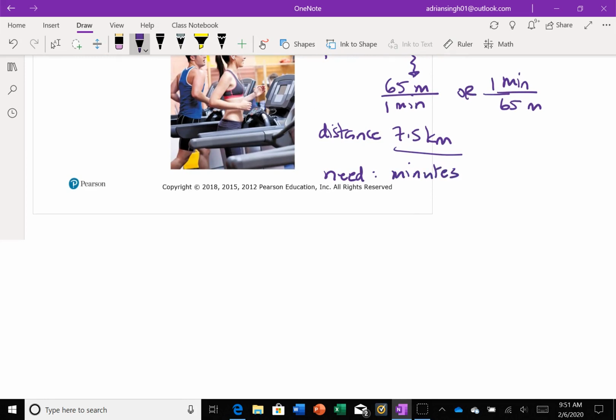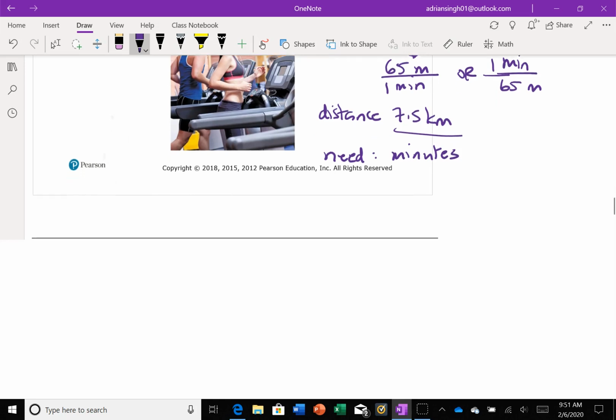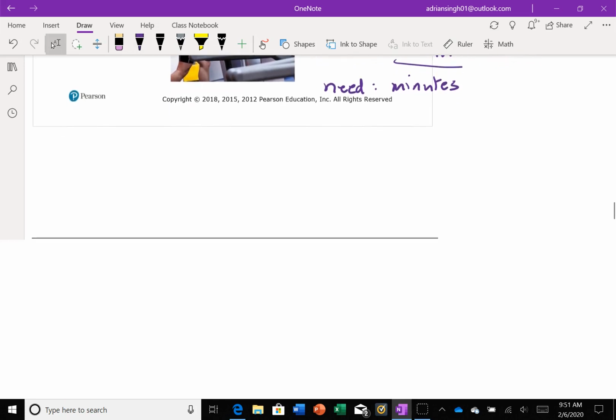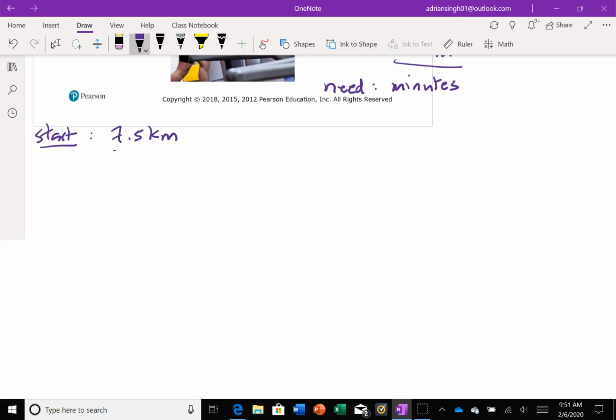All right, so let's start with what's provided, which was the 7.5 kilometers. So we have 7.5 kilometers. Now, in order to use our pace or our speed, we said that we would need to convert our kilometers into meters, right?